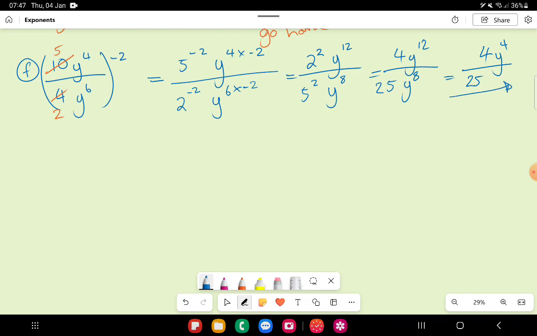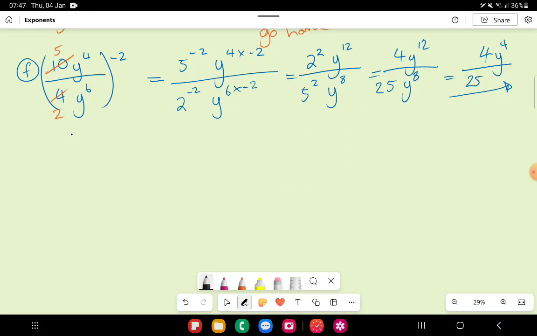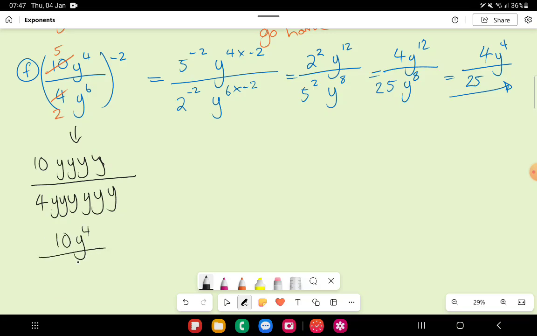This is how I've been teaching you all along. Now I know that we have a huge gap when it comes to fractions, but I just want to show you something. Let's use another color pen. This fraction is also equal to 10 y y y y over 4 y y y y y y. Okay, this is the same as 10y^4 over 4y^6.